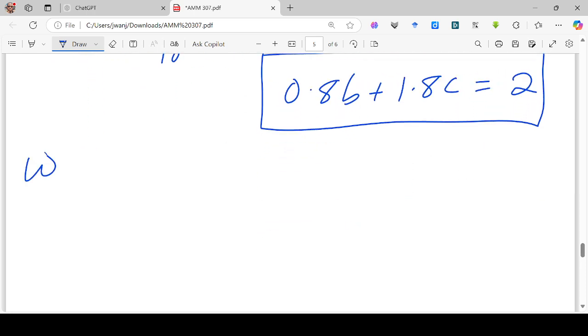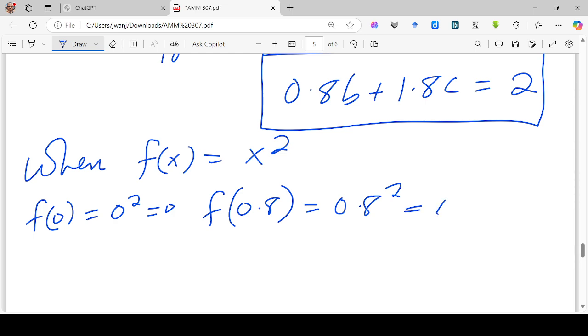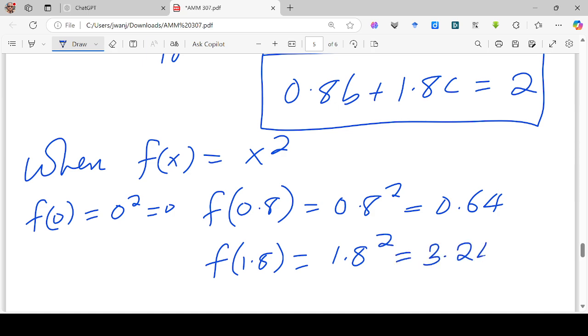And for the last case, when f of x is equal to x squared, f of 0 will be 0 squared, which is 0. F of 0.8 will be 0.8 squared, which is 0.64. And f of 1.8 will be 1.8 squared, which is 3.24.